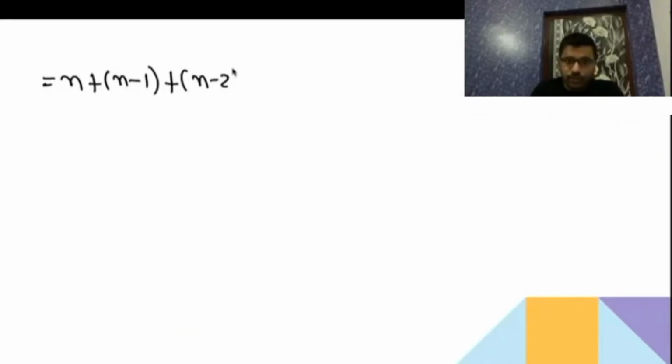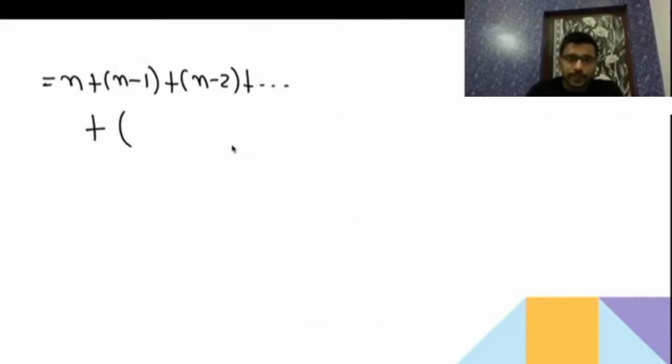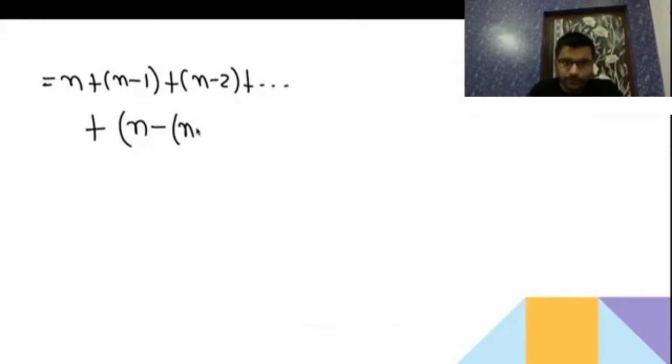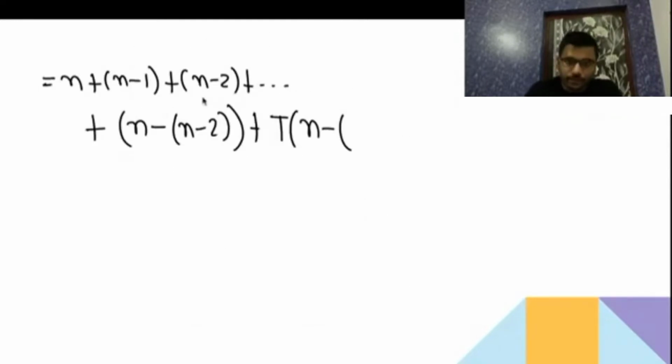So now it will be n plus n minus 1 plus n minus 2, like this it will go. We were getting T(n minus k plus 1). In place of k it is n minus 2, plus 1.